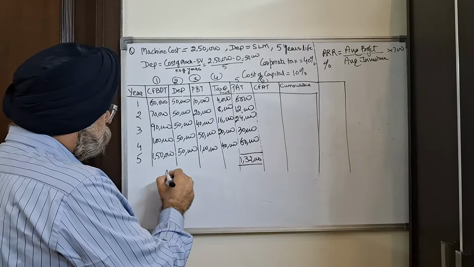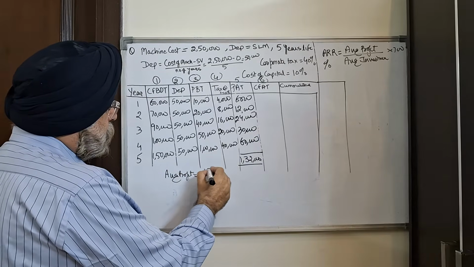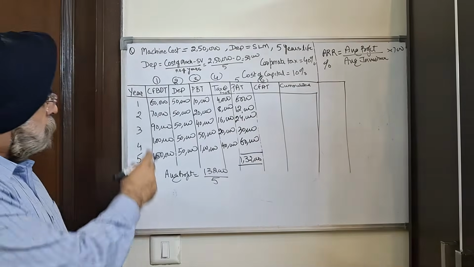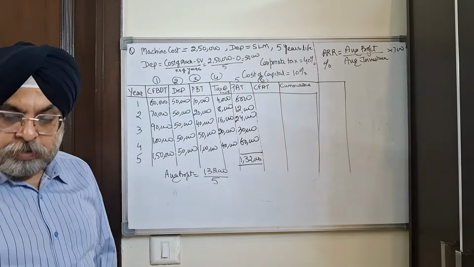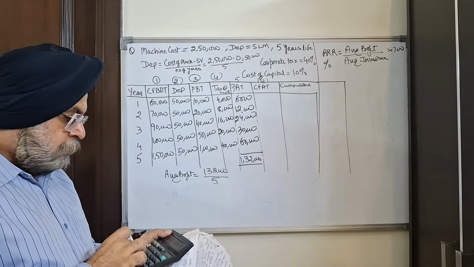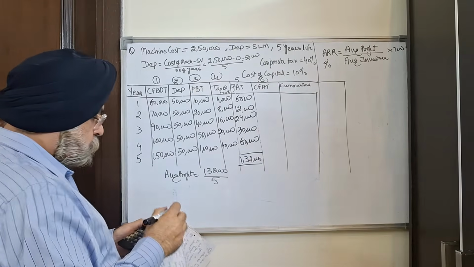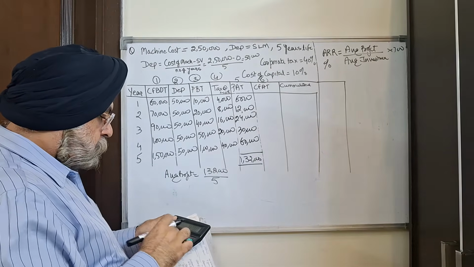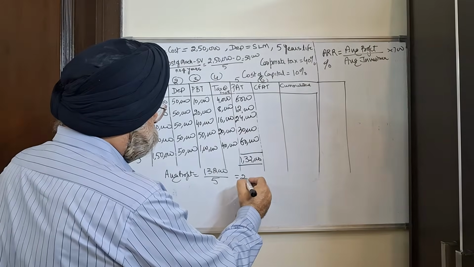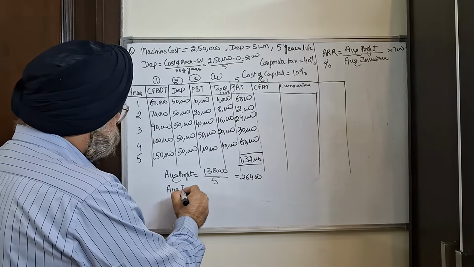And to find the average profit, we will divide 1,32,000 by 5 years because the data is for 5 years. 1,32,000 divided by 5 comes to 26,400.